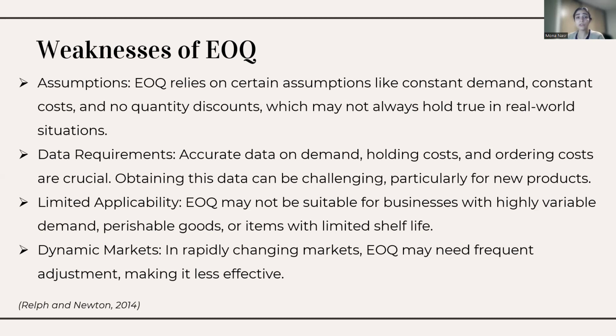Also, in fast-paced and rapidly changing markets, the assumptions underlying the EOQ model may become outdated quickly. For example, if demand patterns shift frequently or suppliers change their pricing structure, the EOQ calculated for one period may not be optimal for the next. This dynamic nature of the market can make EOQ less effective.